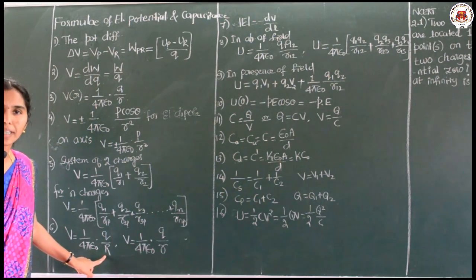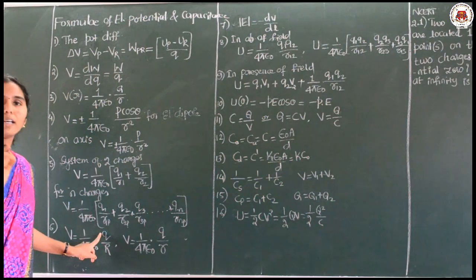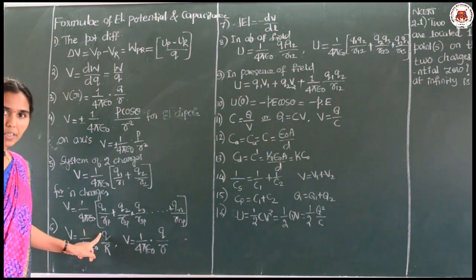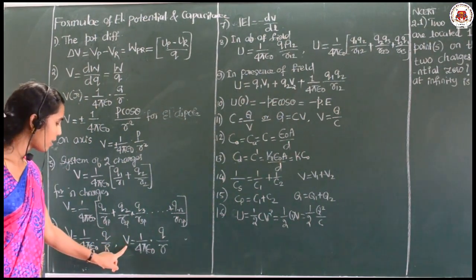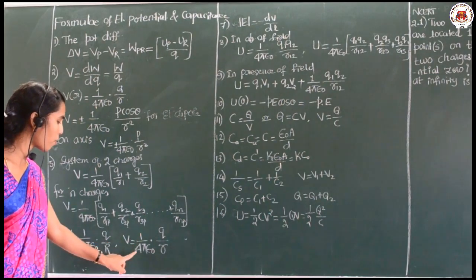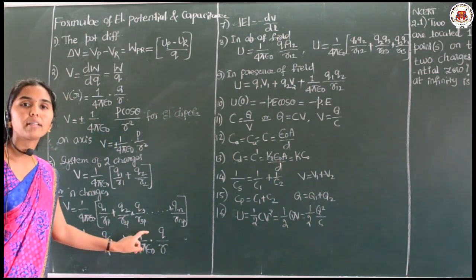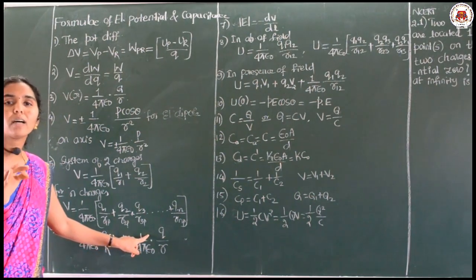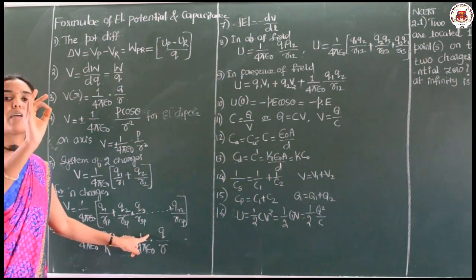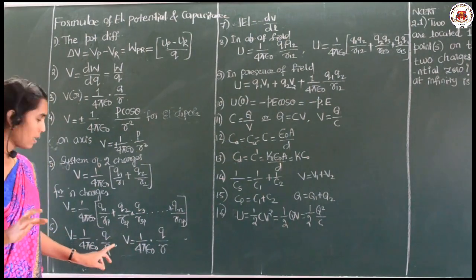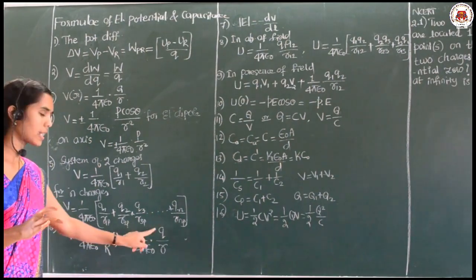Radius of the spherical shell. Q is the charge distribution on the shell. Then V is equal to 1 upon 4 pi epsilon naught Q by R. When is this used? When a point is lying away from the spherical shell, its potential formula is taken like this, right?